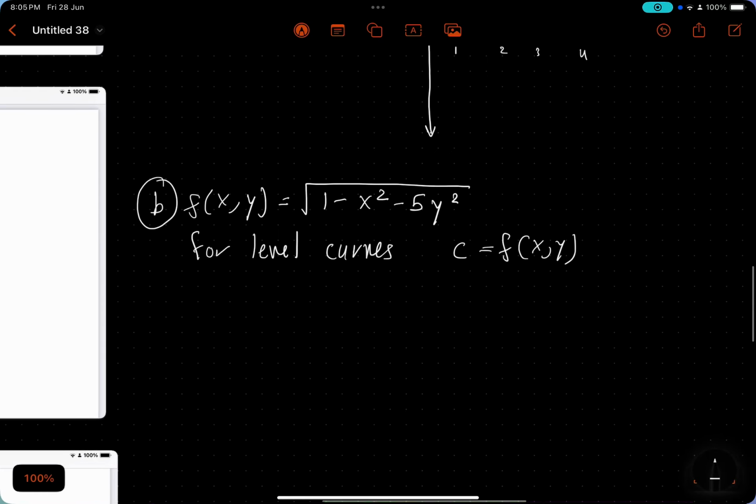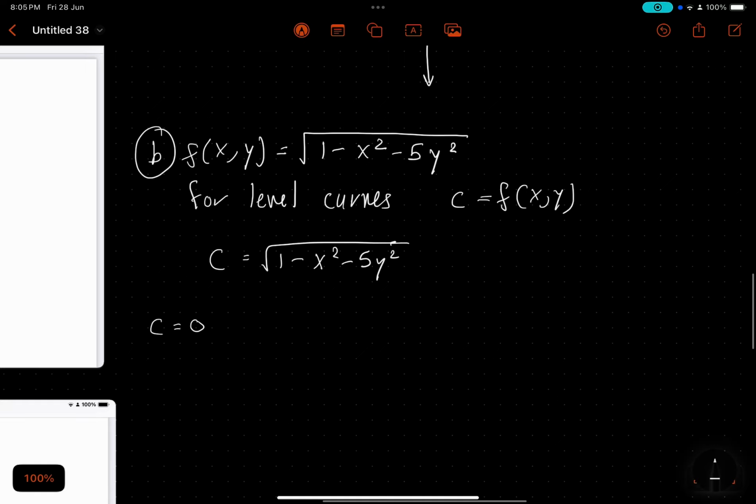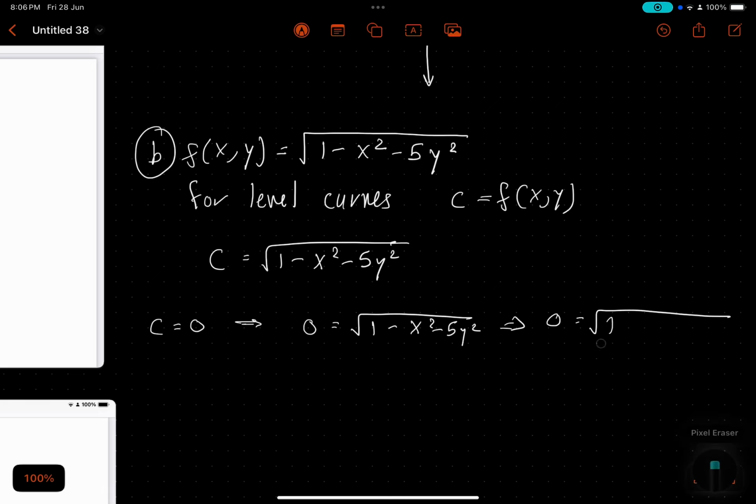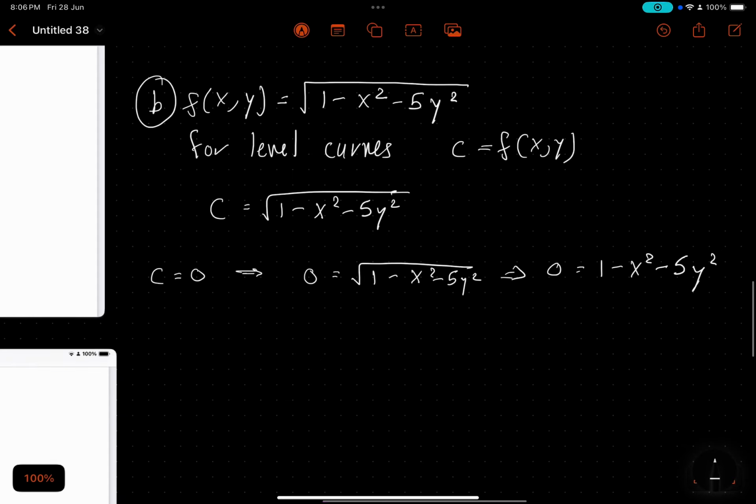So c equals the square root of 1 minus x squared minus 5y squared. If we let c equals 0, we have 0 equals the square root of 1 minus x squared minus 5y squared. Removing the square root, we square both sides, so 0 equals 1 minus x squared minus 5y squared.